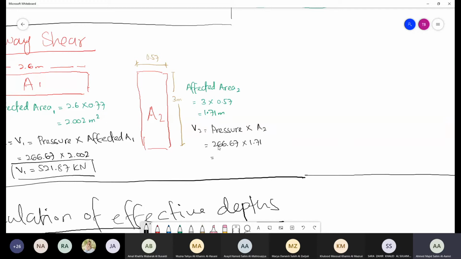This is going to go as how much? Yeah, I think it's 400 and something. 456 point.